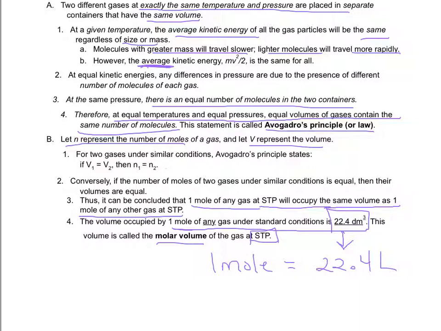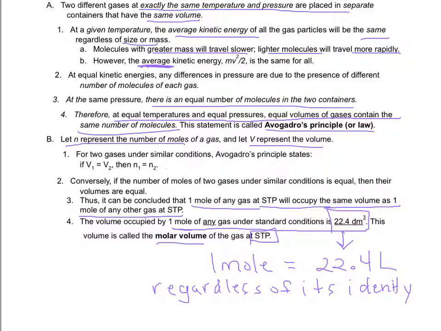And that's what Avogadro's law states, that at equal temperatures and equal pressures, you will have equal volumes of gas and the same number of molecules in those two volumes of gas, no matter what those two gases are. 1 mole of a gas at standard temperature and pressure is 22.4 liters, regardless of its identity. Doesn't matter what gas it is. If you have standard temperature and pressure, 1 mole of that gas is always 22.4 liters.